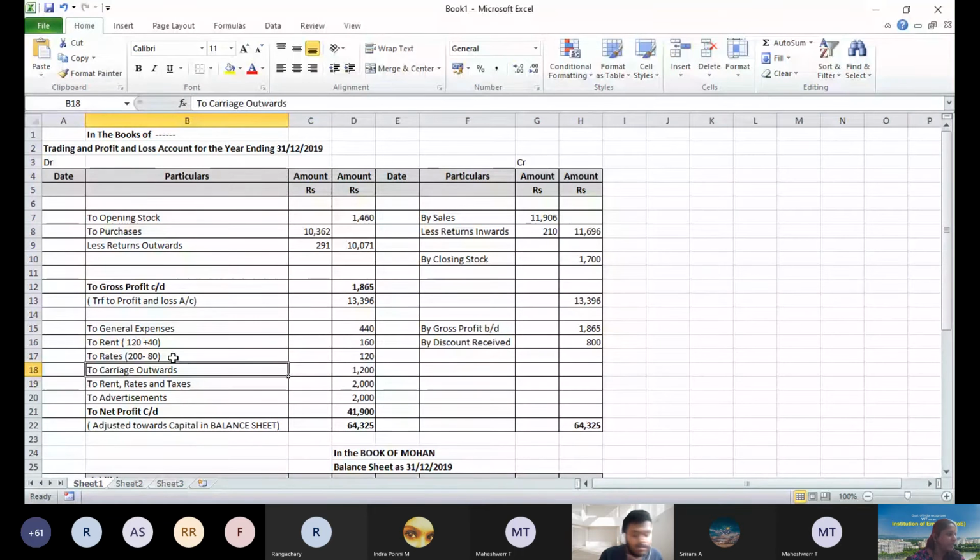Now the next aspect is depreciation. You can write here, depreciation on plant and machinery. Whatever is the amount, 950 into 10%, 10% is 95. So that I've done.